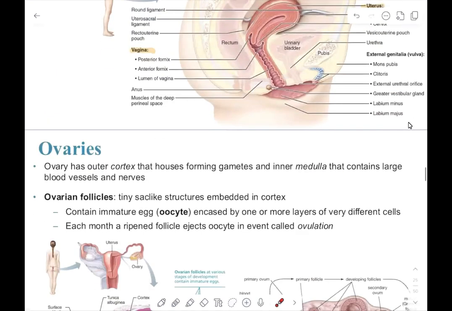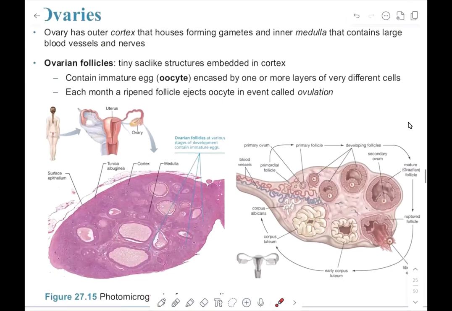So our next slide, we're going to look at the ovary. And the ovary has this outer cortex that houses those forming gametes and an inner medulla that contains the large blood vessels as well as nerves. So the two main structures we're going to see here is the developing oocyte plus the ovarian follicle.